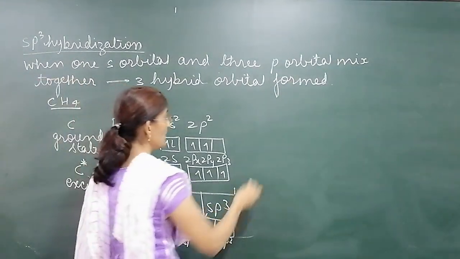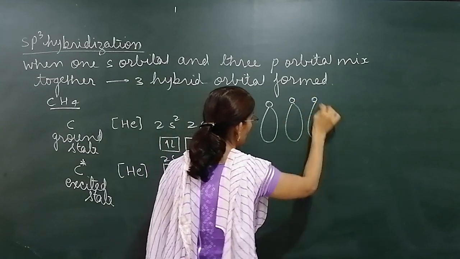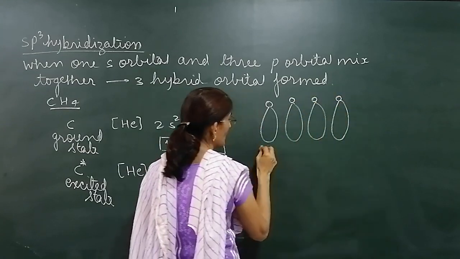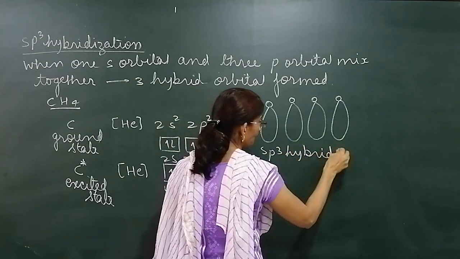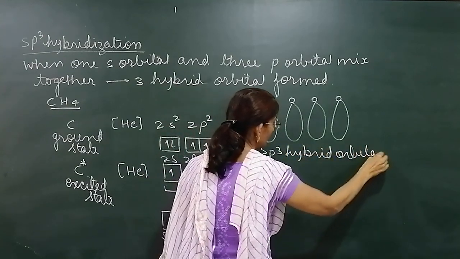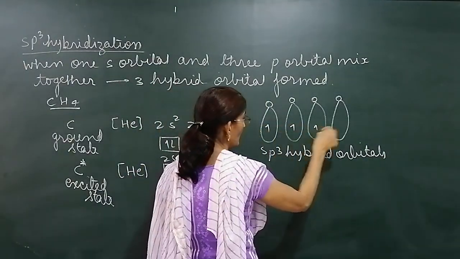Suppose we draw their shapes this way. Identical shape, size, everything the same. These are SP3 hybrid orbitals of carbon. They have unpaired electrons in them.